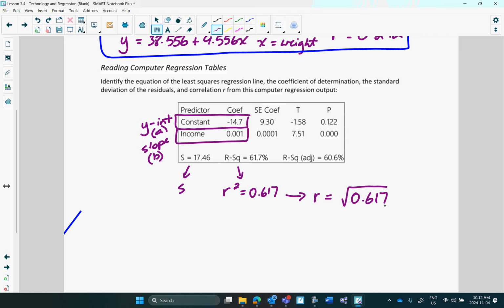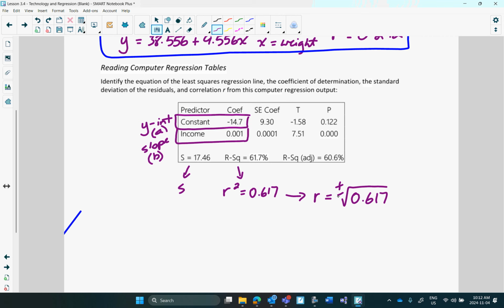However, when we solve for R by square rooting, we always take the plus or minus square root. That's important because, remember, R can be a negative value, can't it? Or R could be positive. When is R positive? When the slope goes up, when it's a positive slope. When is R negative? When the slope goes down, when it's a negative slope.